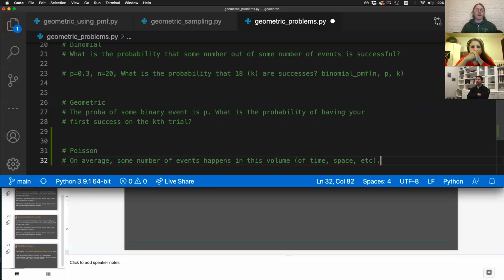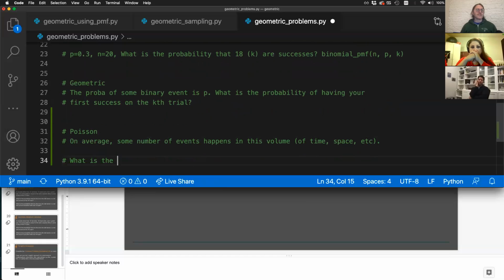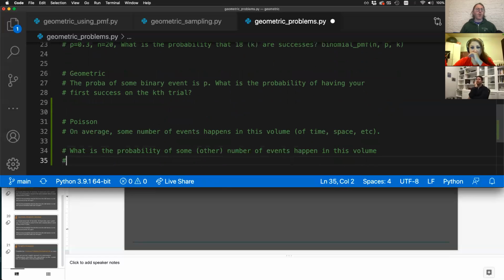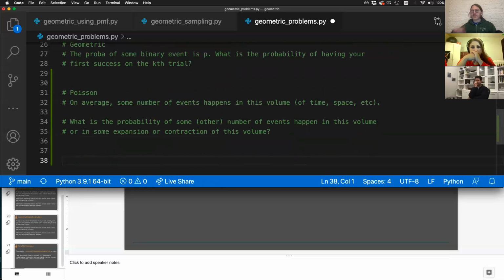And we're asking, what is the probability of some other value than the average, some other number of events happening in this volume, or in some expansion or contraction of this volume. And this is just sort of a template, right? These are templates for certain kinds of problems.